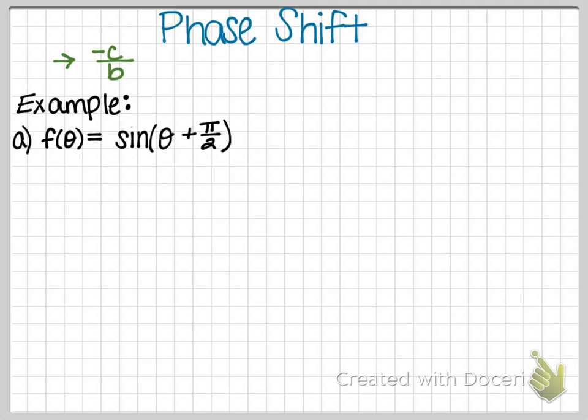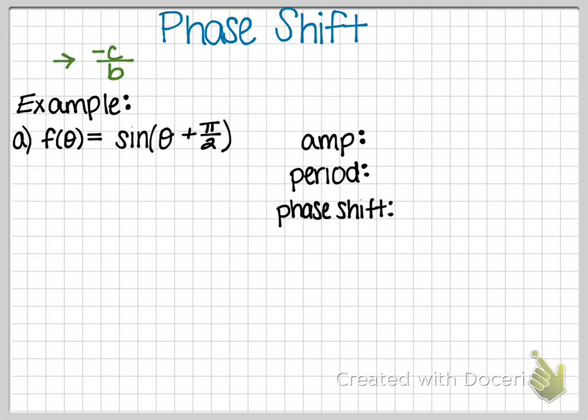So first of all, if we want to look at, alright, so we got amplitude, period, phase shift, and midline.